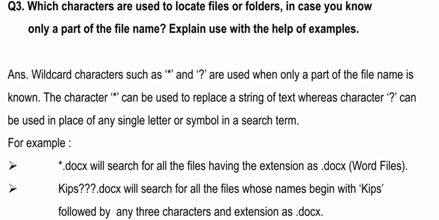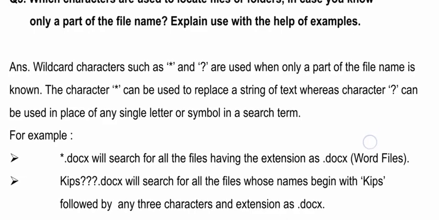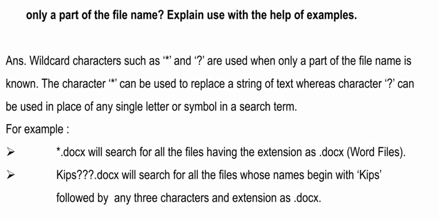So here, first example is asterisk.docx will search for all the files having the extension as .docx, which means Microsoft Word files. So, asterisk means there can be any number of characters in the file name, and .docx extension name is given.